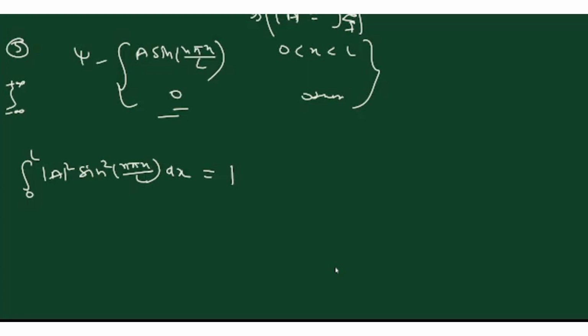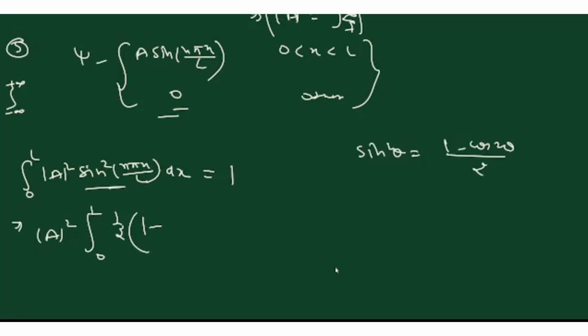So we will do the same thing here. 1 upon 2, 1 minus cos of 2 n pi x divided by L, and dx. For this formula, you can calculate this integration, and because this is a well-known integration, I can directly say this will become L by 2 is equal to 1. And after this a square becomes 2 by L. Now my a modulus is equal to root 2 by L. This is my normalizing constant here.